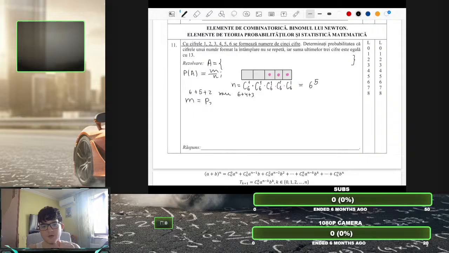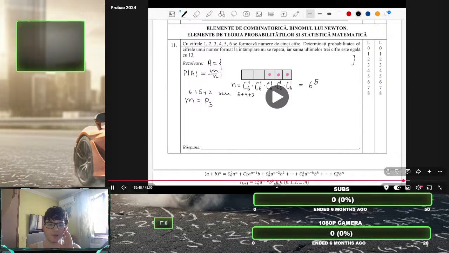And for the last 3, you have the 6, which you're going to take as a C of 4, because you already took 2 before, and of 1, so 4 times 3 times 2, or everything times 2, I don't really know. P3, so that's P3.